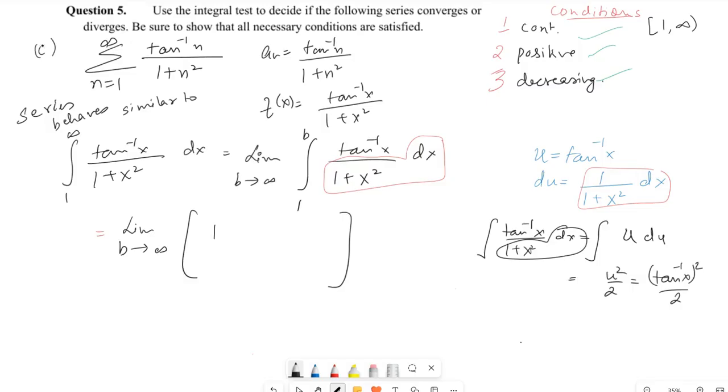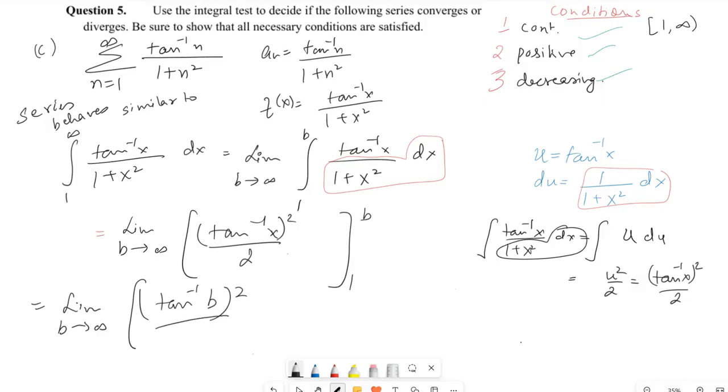I've solved the integral: (tangent inverse x) whole squared by 2 from 1 to b. Putting the limits in: (tangent inverse of b) whole squared by 2, minus, because we subtract the lower limit from the upper limit, (tangent inverse 1) whole squared by 2.